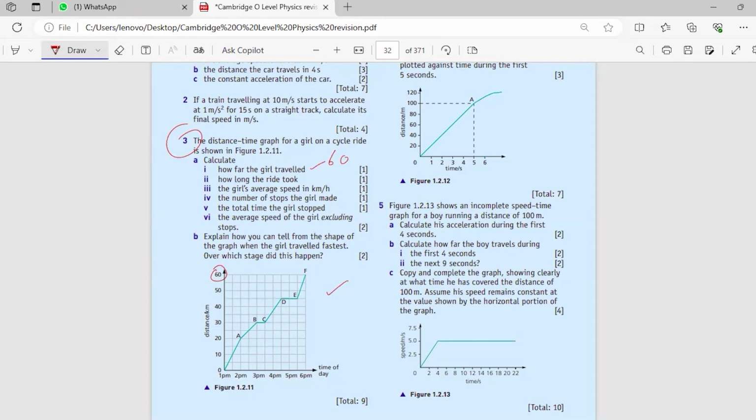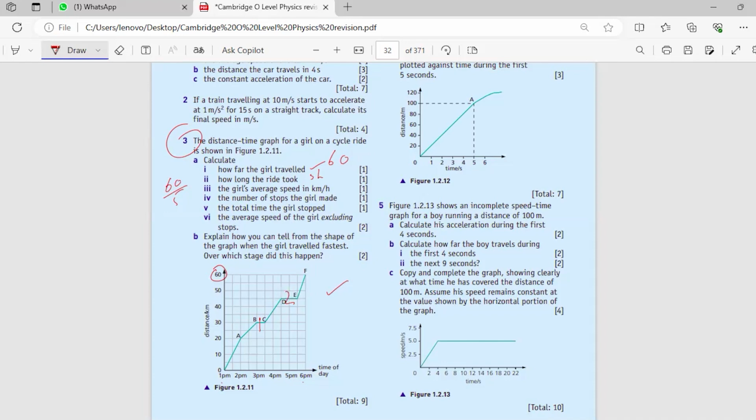How long did the ride take? That takes 1 p.m. to 6 p.m., that is 5 hours. Average speed is 60 by 5, total distance over total time. The number of stops made by the girl: the first stop is over there where it is parallel to the x-axis, and the second stop is over there where it is parallel to the x-axis. There are 2 stops.